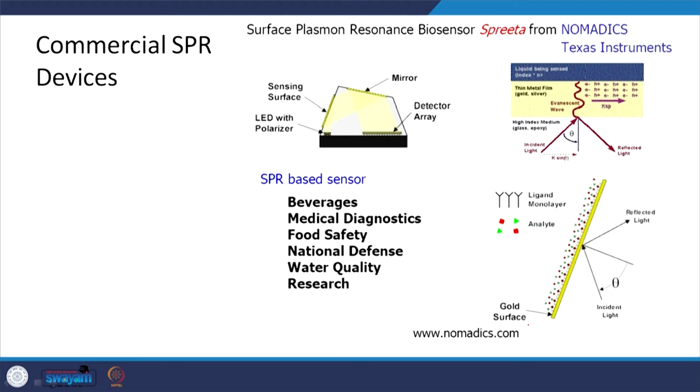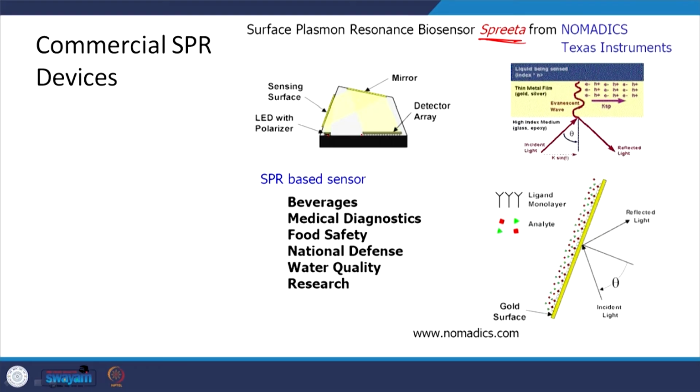Then there is Spreeta from Nomadics, where it is all integrated in a box. You have a sensing surface here, LED with polarizer. It basically sends all the angles, and then a mirror folds all this, and then you have a detector array.